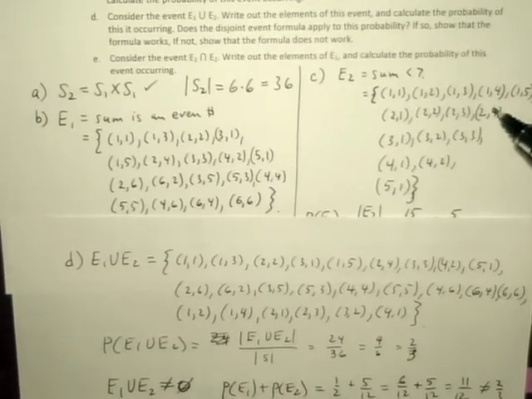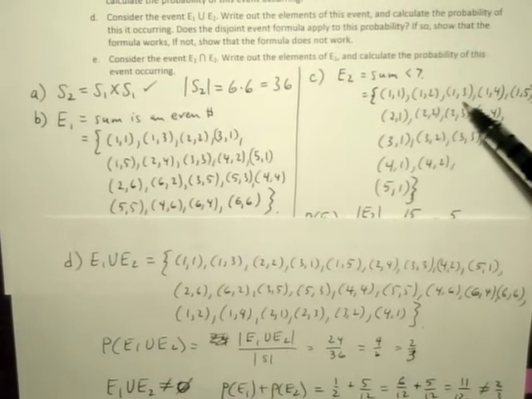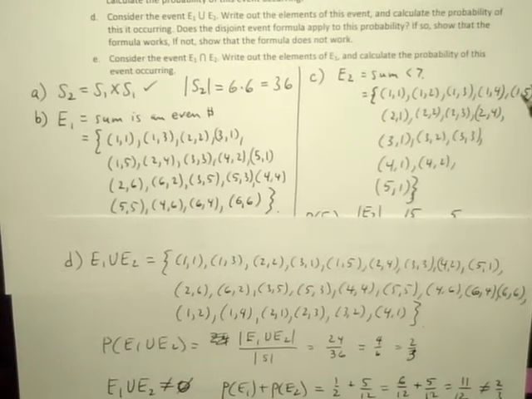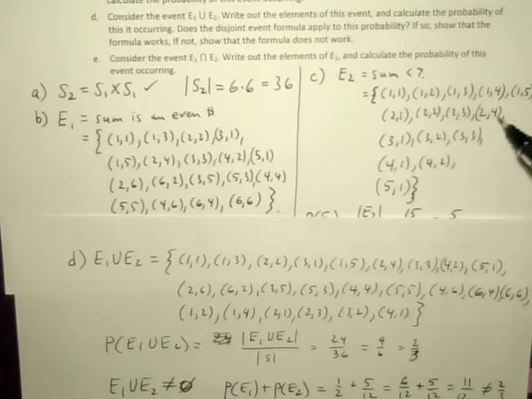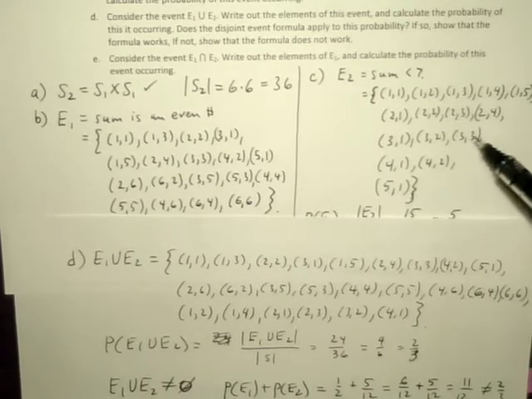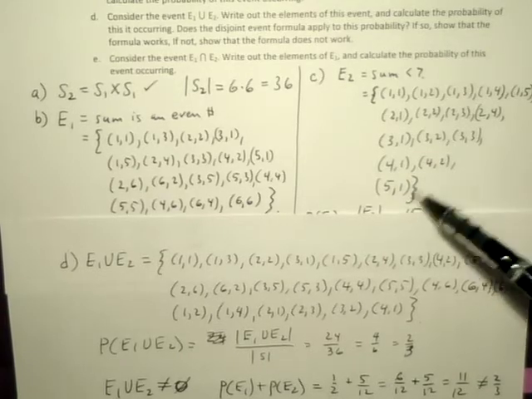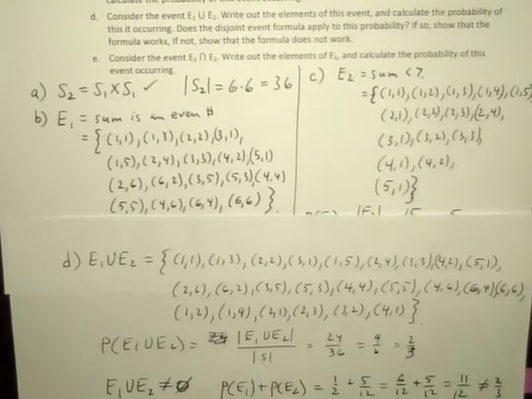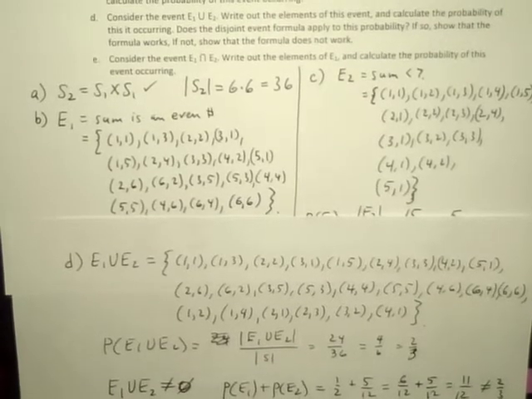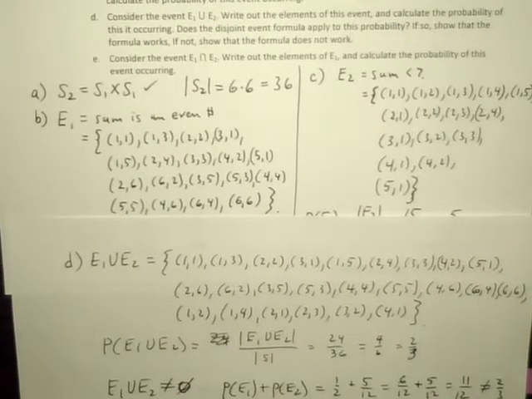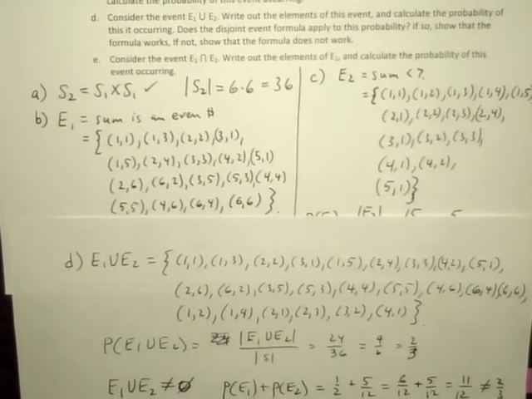Okay, so these are all the elements from E2 that have an even sum, which means we have two odds added together or two evens. 1, 3, 1, 5, 2, 2, 2, 4, 3, 1, 3, 3, 4, 2, and 5, 1. Yeah, okay. And so the probability of this event is the size of that event all over the size of the total sample space.